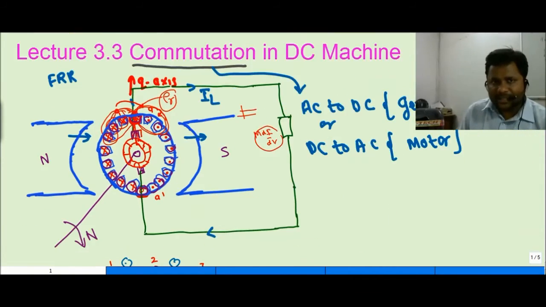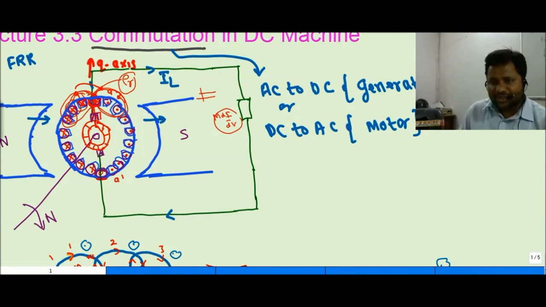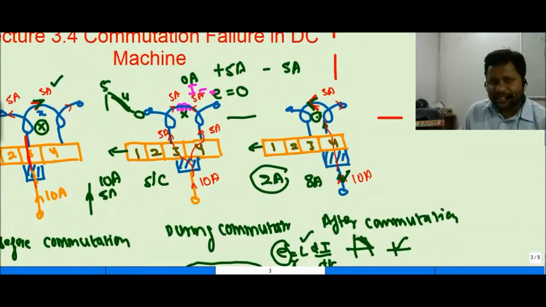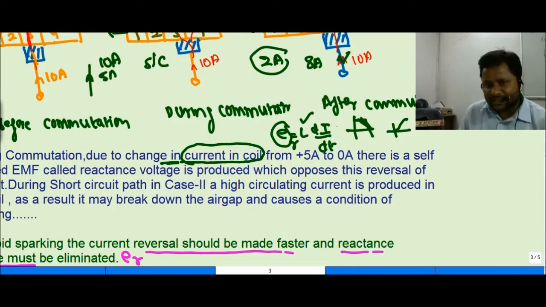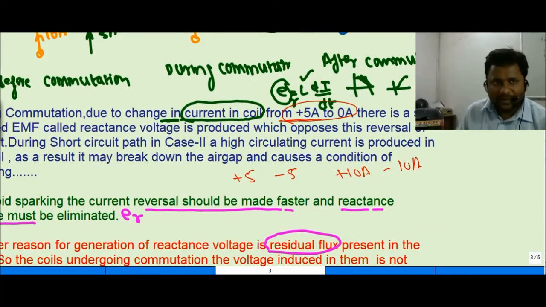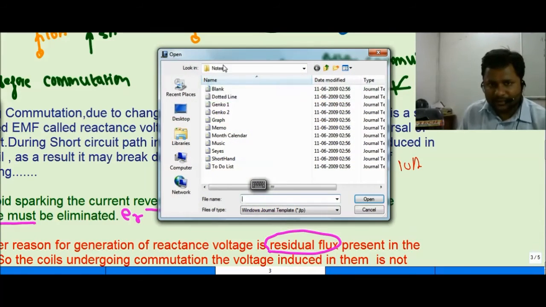But the condition for commutation failure is basically this reactance voltage due to the current change, from plus 5 to minus 5, or plus 10 to minus 10. So the graph will be plotted. We have to see the graph for the commutation failure like this.